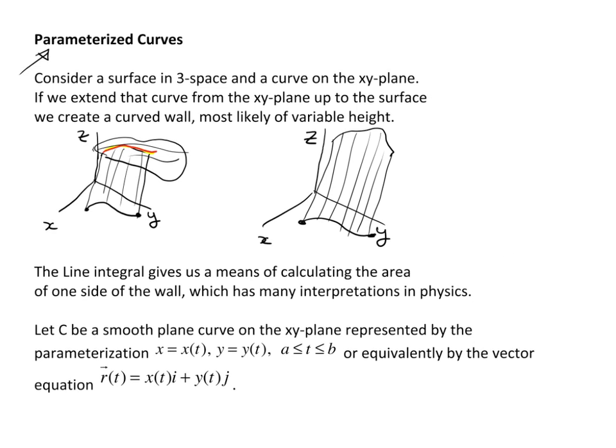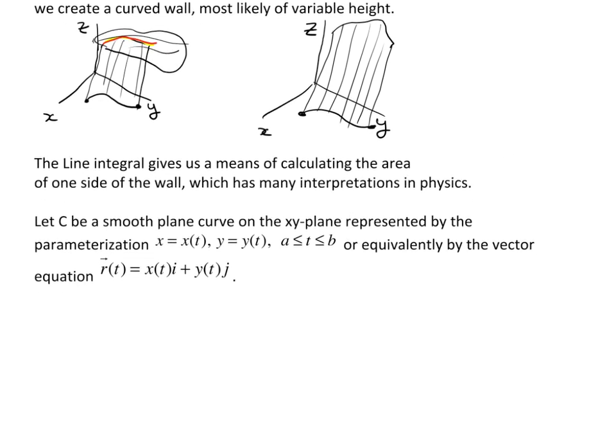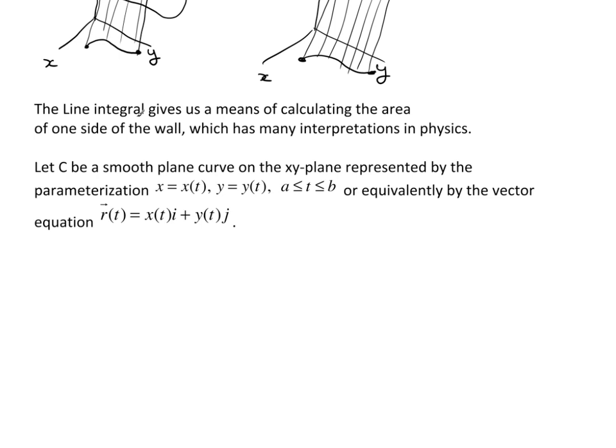Now let's let C be a smooth plane curve, this right here, what I wrote earlier, that's C right there, on the xy plane, represented by the parameterization x equals x of t, y equals y of t, and t goes from a to b. Or equivalently by the vector equation r of t equals x of t i plus y of t j.